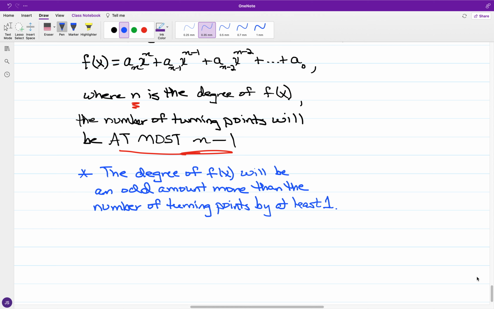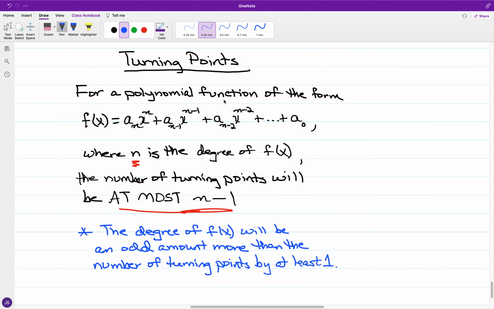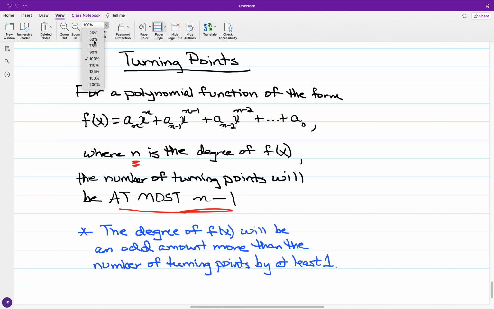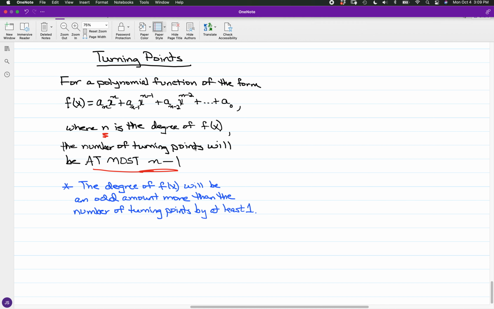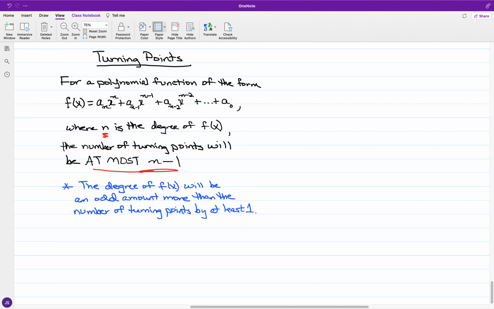Let's give you a visual on this one. Before you move on, where it says a sub n, what is that? Those are just going to be numerical coefficients.